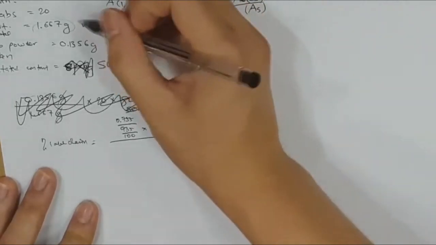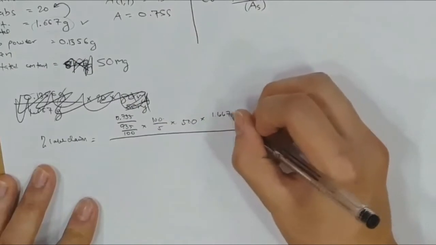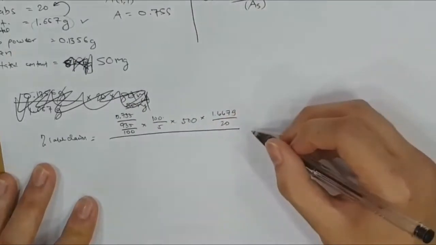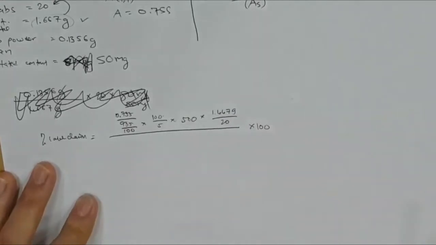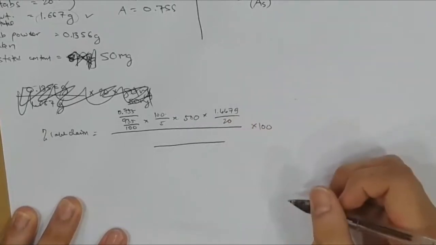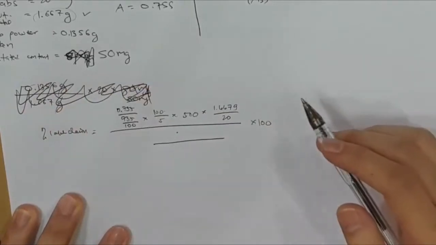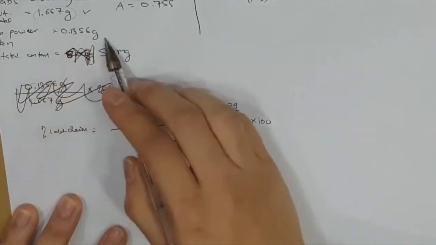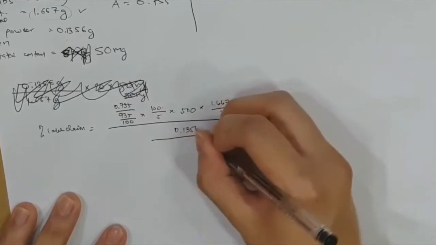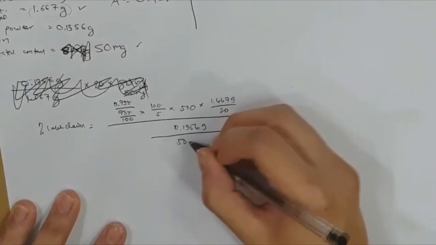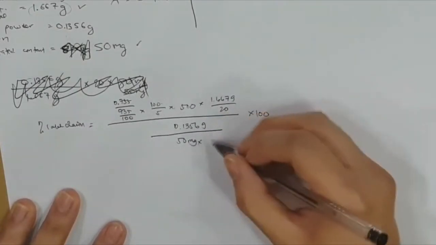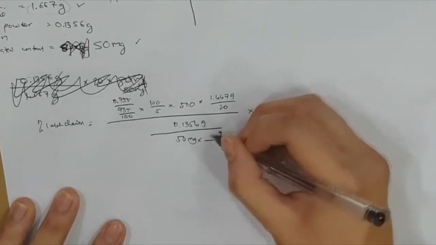And we take the weight of 20 tablets as your average weight. So you divide it by 20, so you know how much weight is in each tablet. And here, now we have the weight of tablet powder taken for assay, which is 0.1356 grams over your stated content, 50 milligrams. Don't forget, you have to convert this always to grams.